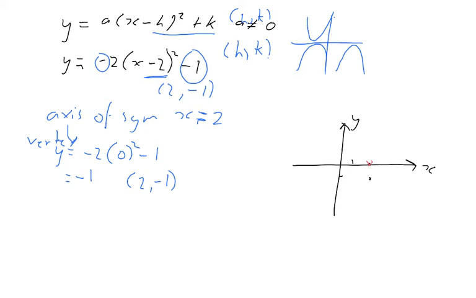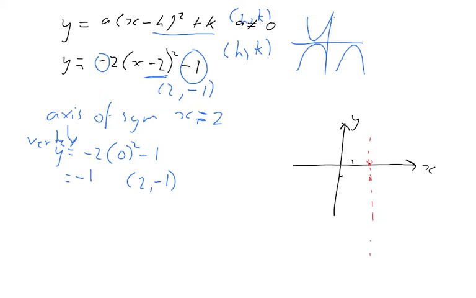So that minus 1 brings the whole graph down 1. It affects the graph that way. So we've got a vertex there. We've got the axis of symmetry, which is x equals 2. The vertex is 2, minus 1.